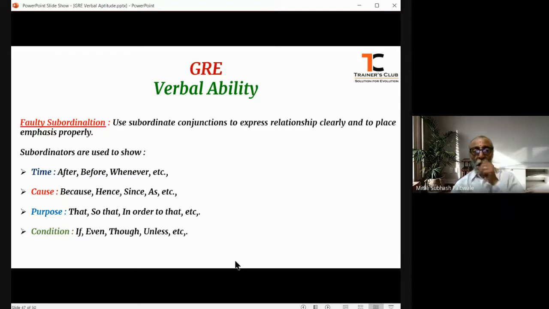So why do we use this? We use these subordinate conjunctions to express the relationship very clearly and to place the emphasis properly.